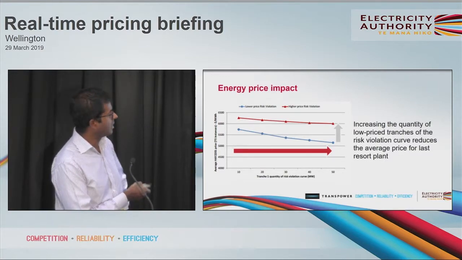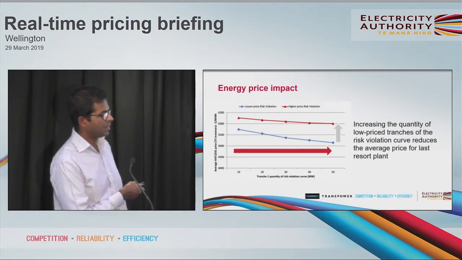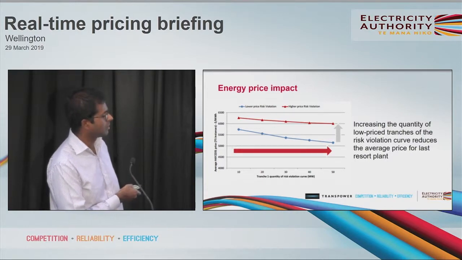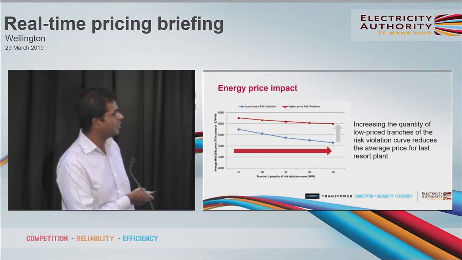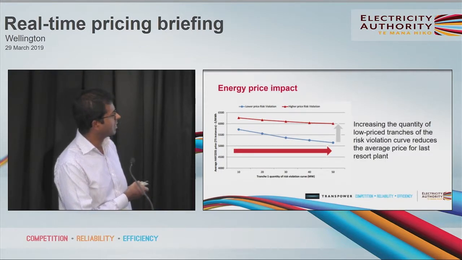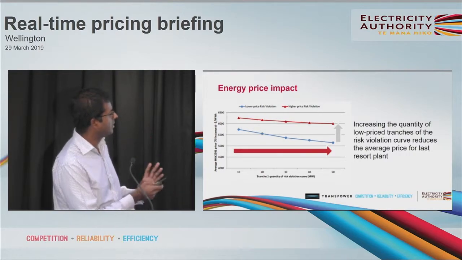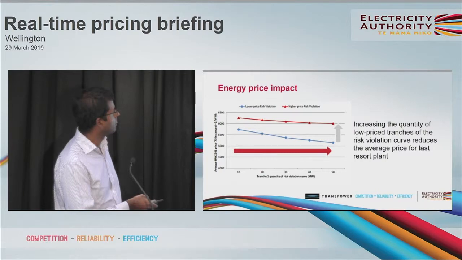Conversely, if you increase the price of the reserve violation, then you increase the price signal, but you start triggering energy shortfall a lot more often, as we saw in the previous slide. Increasing the tranche had the same effect, but to a lesser extent. So you still get a declining effect the wider you make that tranche.